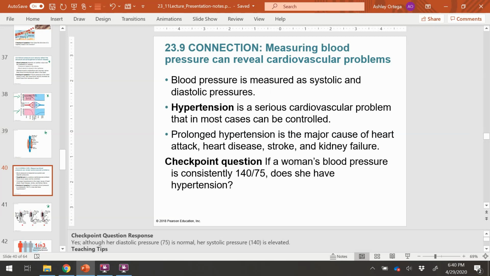For most people, normal blood pressure is 120/80. For adults around the age of 20, a normal blood pressure is actually around 120/70, according to newer textbooks.